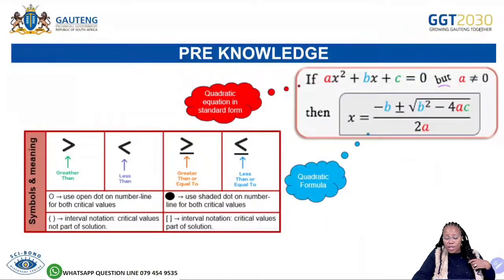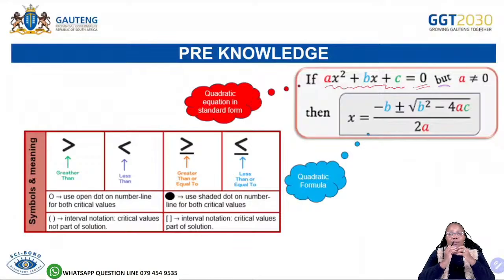The pre-knowledge we need, grade 12, since we are going to be busy with equations, is mainly focusing on the quadratic equation. Remember that the standard form of the quadratic equation is ax squared plus bx plus c, and this must always be equal to 0 when you are solving.